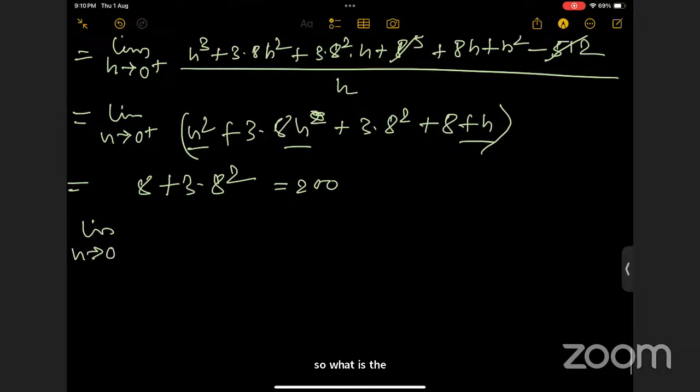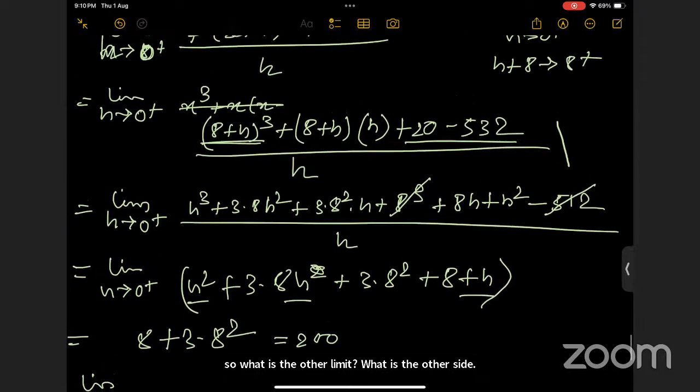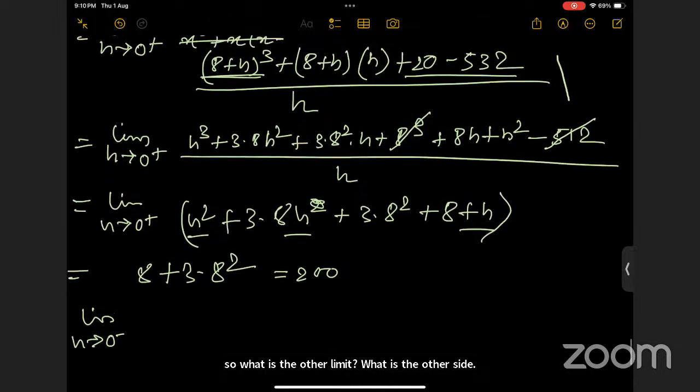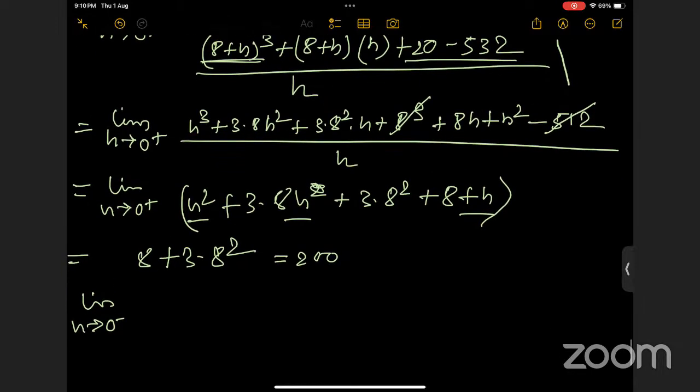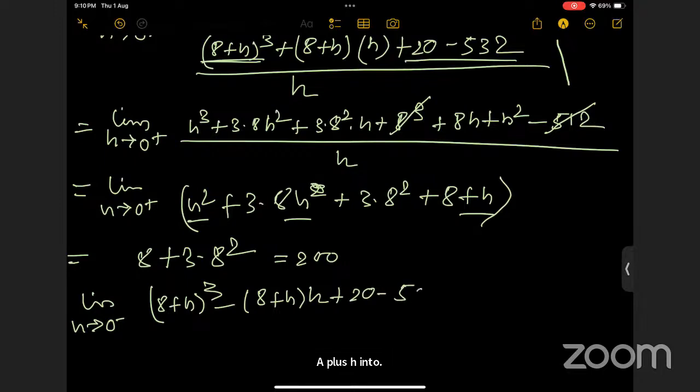So what is the other limit? What is the other side? It will be 8 plus h cube minus 8 plus h into h plus 20 minus 532 by h, right?